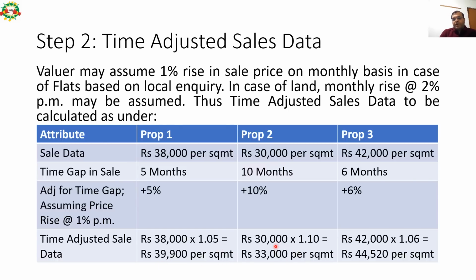In case of property 2, the appreciation for the last 10 months is likely to be 10%, so the time adjusted sale value of property 2 is 33,000 rupees per square meter. In case of property 3, since it was sold 6 months back, a capital appreciation of 6% is expected, so the rate of property C is 44,520 rupees.